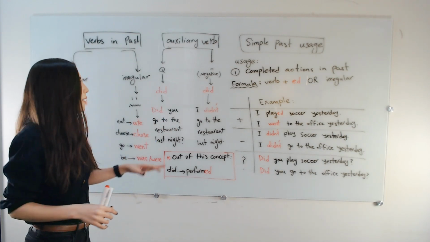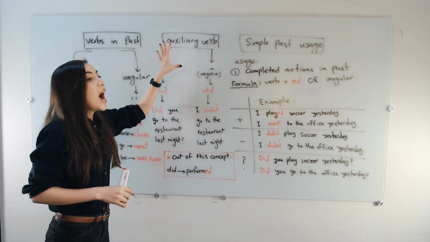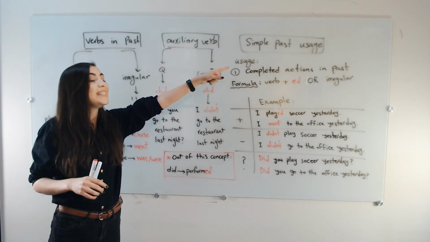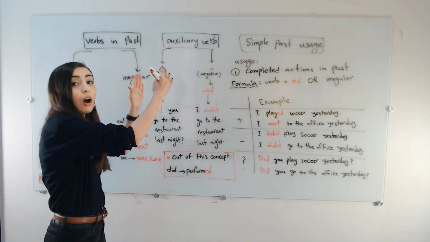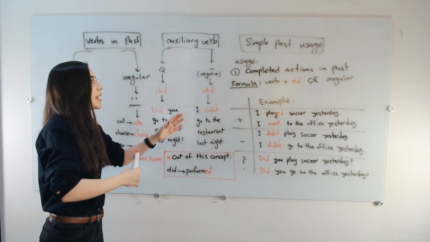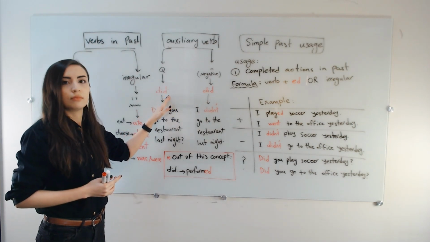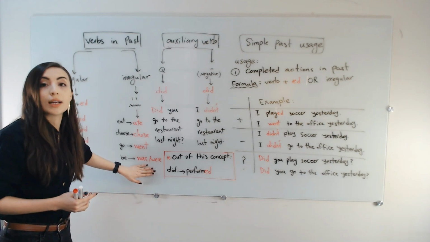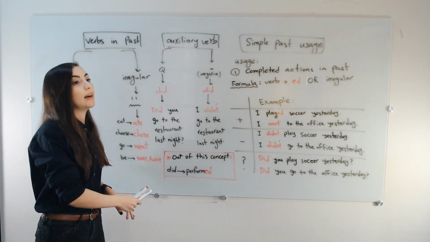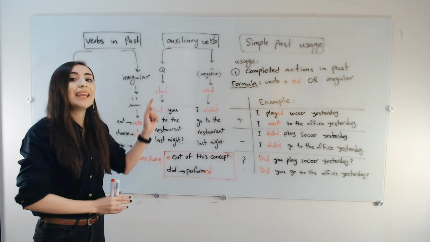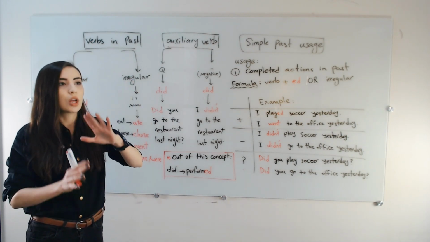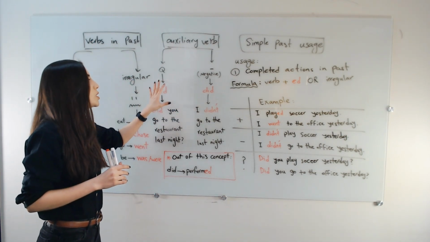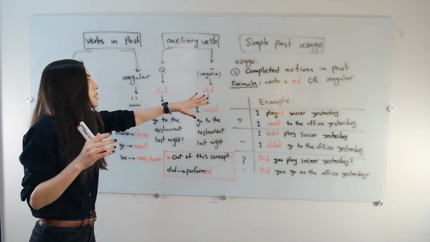Okay, very basic thing. The auxiliary verb for simple past that we are going to cover here today is did. Okay, did. There is also another auxiliary verb, was or were, but I will cover this one in past continuous. But for now, we are going to stick to did.